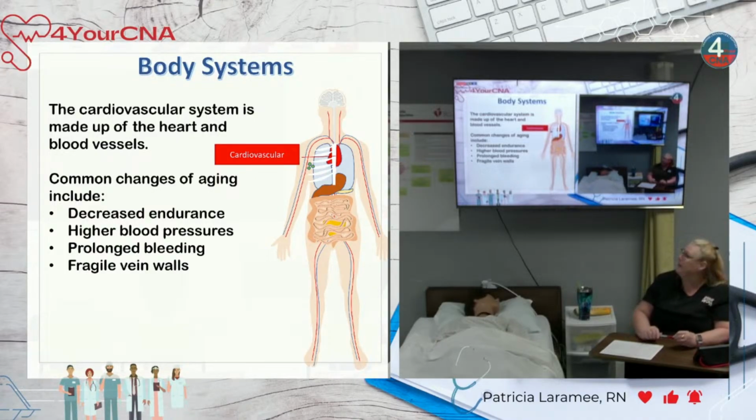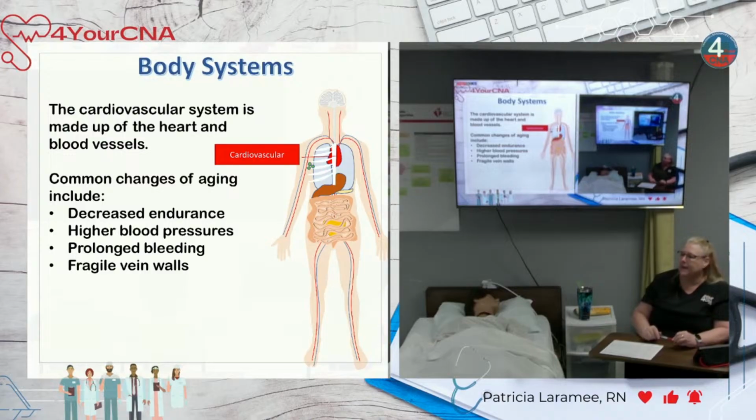So this is a very simple body system, but it ranks pretty high in level of importance, and it will absolutely sacrifice other body systems without a second thought. So your cardiovascular system is made up of your heart and your blood vessels. It moves blood around.